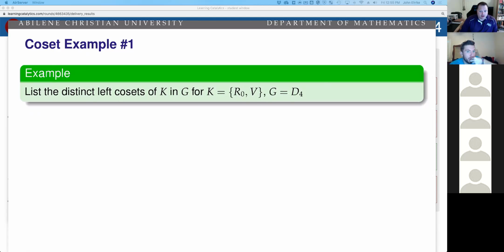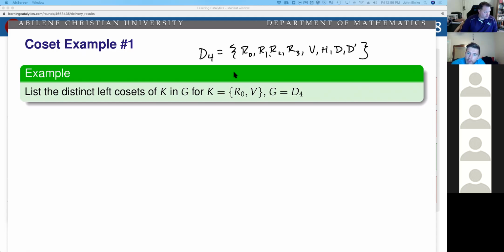Okay. This is a little bit of a different question than the first one that y'all did, because I'm not looking for a particular representative coset. I'm looking for all of them. So remember the elements that D4 consists of: all of the rotations, and all of the flips, across the diagonals or otherwise.